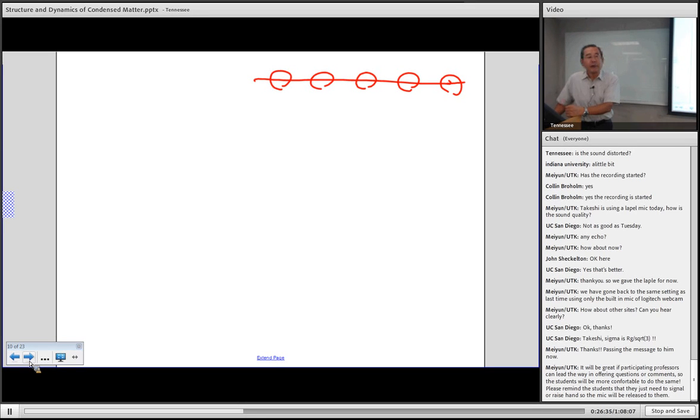So this effect produces many things, including inelastic scattering by phonon, because the lattice vibration is quantized as the phonon, and the Debye-Waller factor.